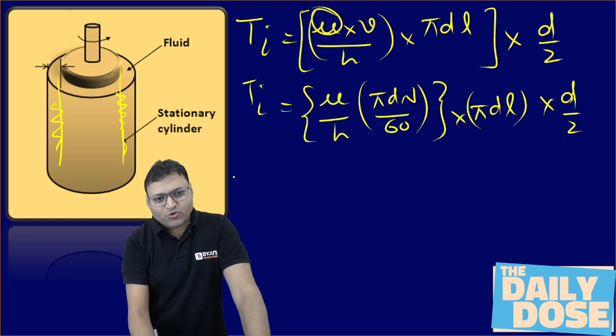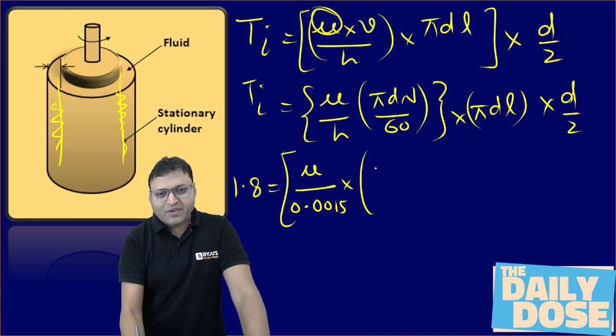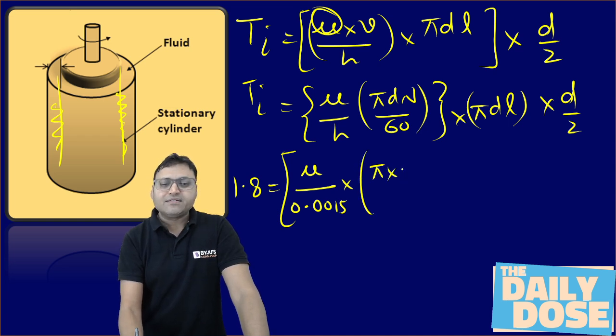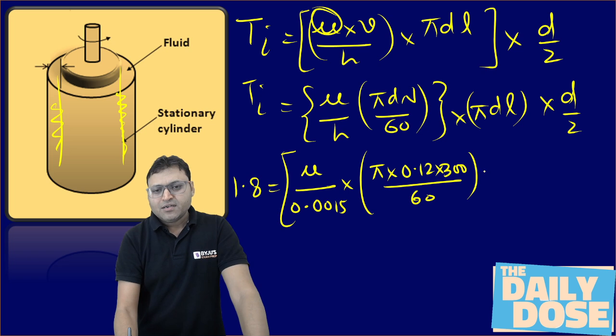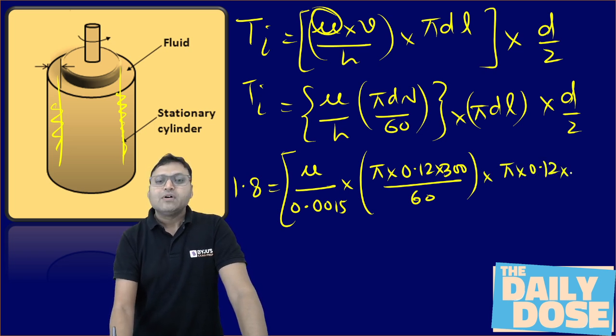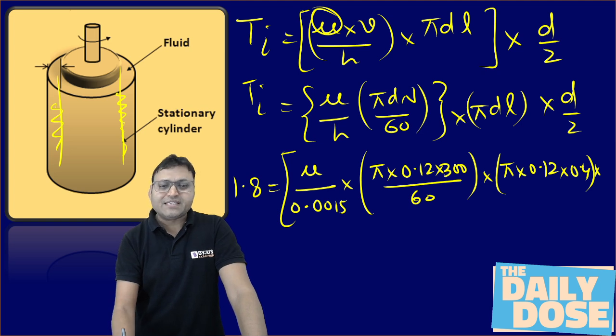So if we put in the values, 1.8 is equal to mu, which is unknown, divided by the thickness 0.0015, into pi into the diameter 0.12 into n, that is 300 upon 60, then into pi into 0.12 into the length 40 centimeter, that is 0.4, into d by 2, what is d by 2? 0.06.